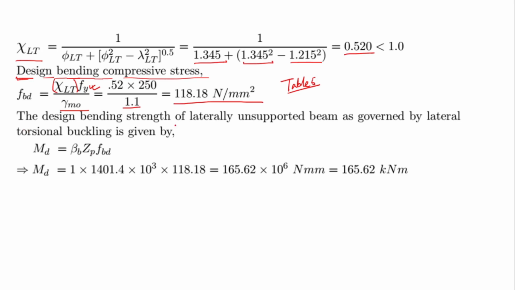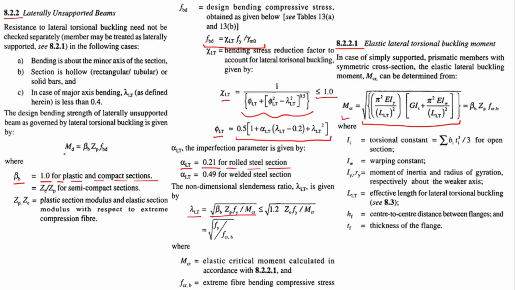Now the design bending strength of laterally unsupported beam as governed by lateral torsional buckling is given by, for that also we have to follow the clause 8.2.2. This is the expression for the torsional buckling moment, which is MD equal beta B ZP FBD.